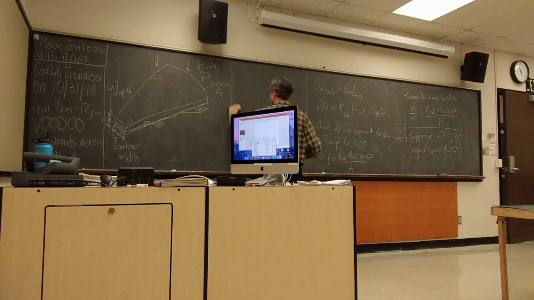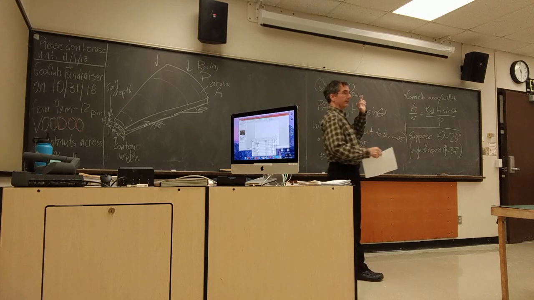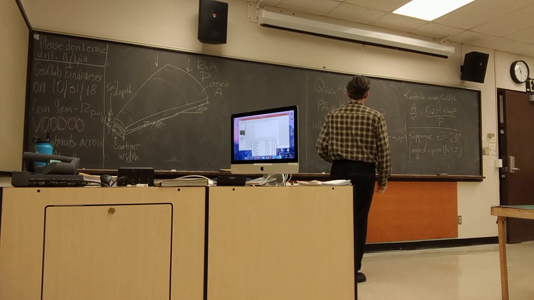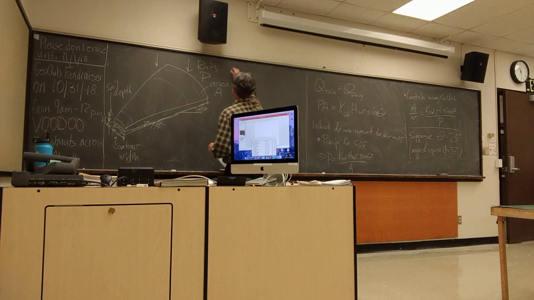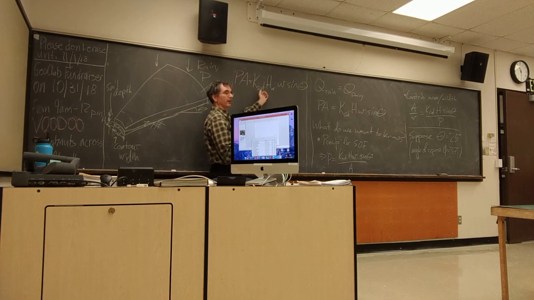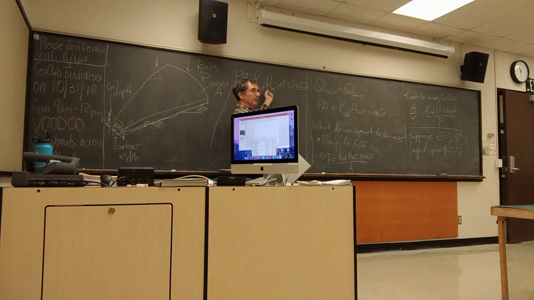In some sense, I've made it more general, right? H_W could be as large as the full soil thickness H, but it could also be smaller. And so, in that case, I'd have to rewrite that like so. Same equation, all I've done is put a subscript here because now I may not have full saturation.